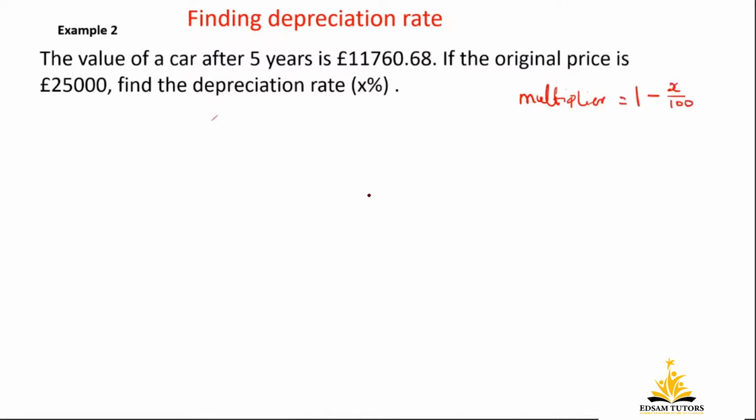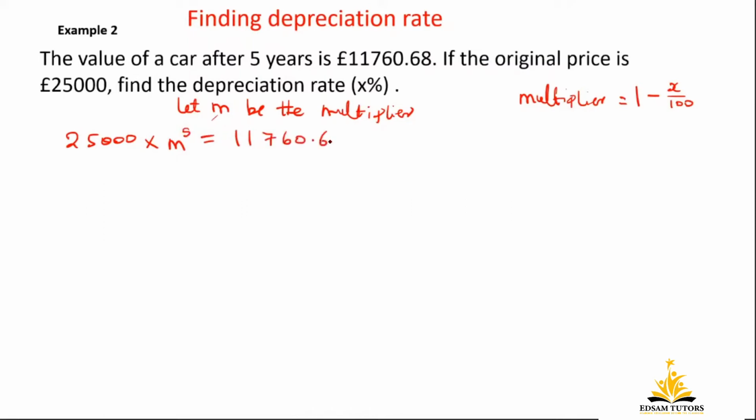That's my multiplier. Original 25,000. Let M be the multiplier. 25,000 times the multiplier to the power of 5 gives us £11,760 and 68 pence.